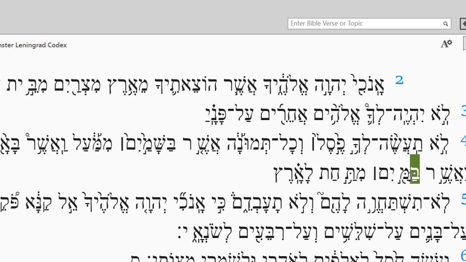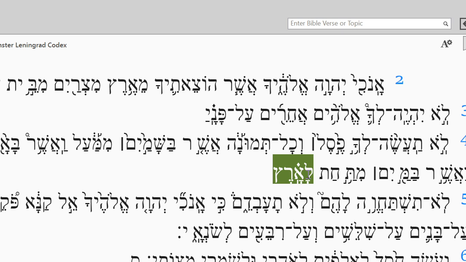Okay, so it says here, Ba mayam, in the waters. Here again we see the word mathakath, meaning from under. And here we have the word la aratazah. Now we know the prefix la means to or for, but in this case, la is being translated as the. Okay, so la aratazah in this case is translated as the earth.